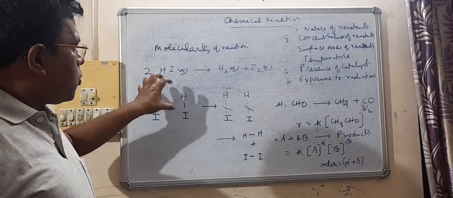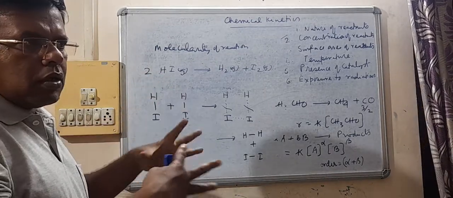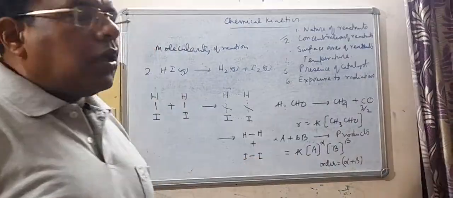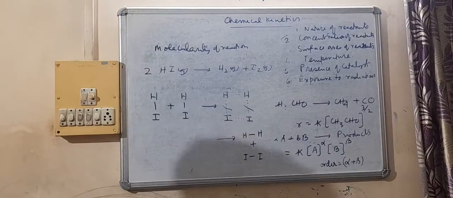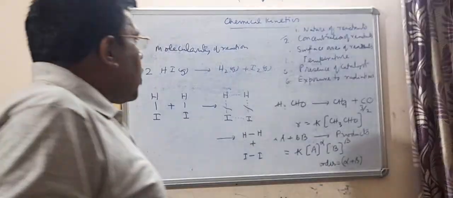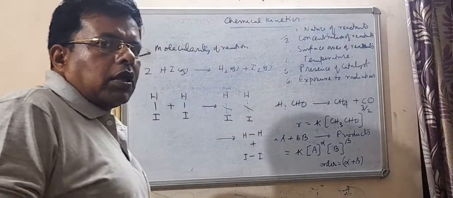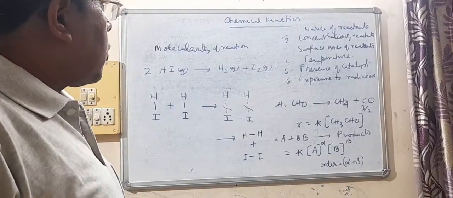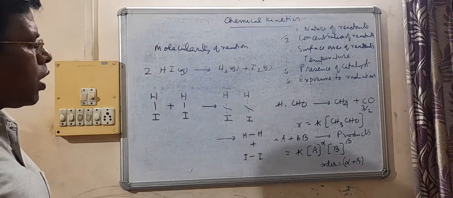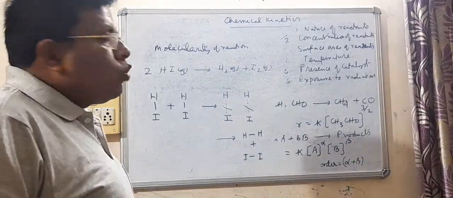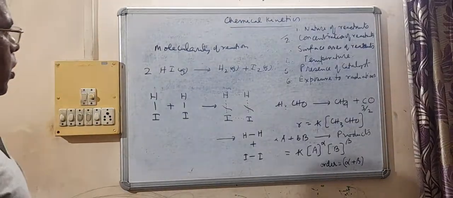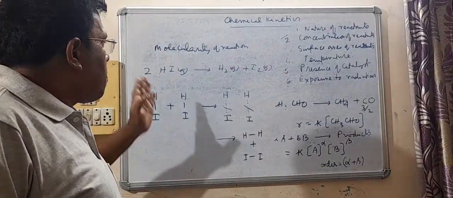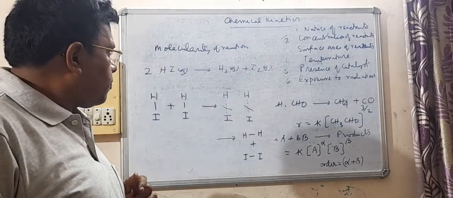If suppose 3 molecules are taking part in a reaction leading to chemical change, then the molecularity of the reaction will be 3. If only one molecule is taking part, then the molecularity is 1. A reaction with molecularity 1 is also called a unimolecular reaction. A reaction with molecularity 2 is called a bimolecular reaction.